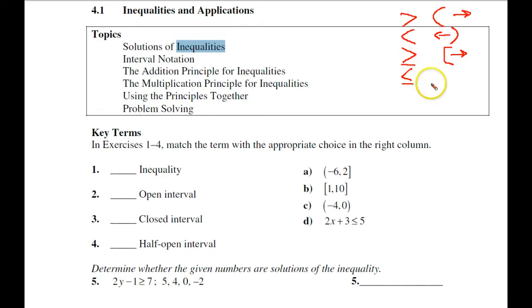And less than or equal to was a bracket facing to the left. Now we had done all of this on earlier videos, but this is just a review. And remember, the parentheses means the number isn't included in the set. The bracket indicates the number is included in the set.